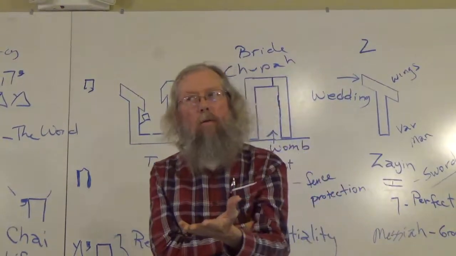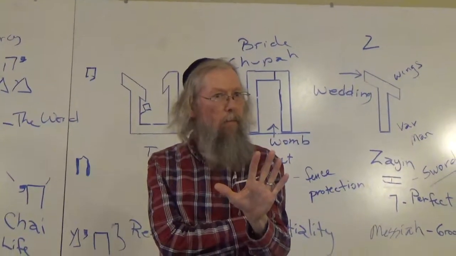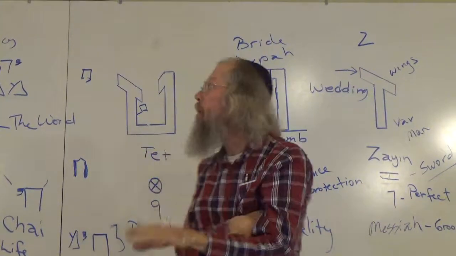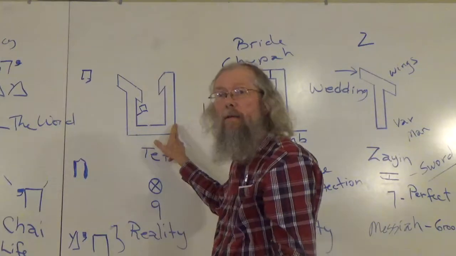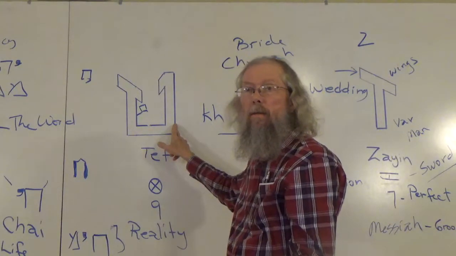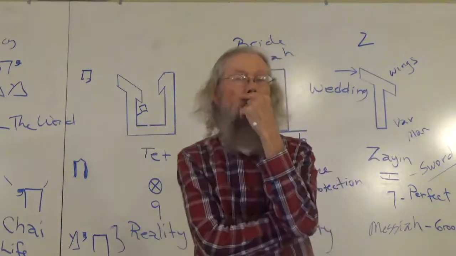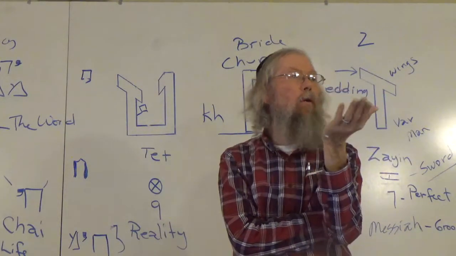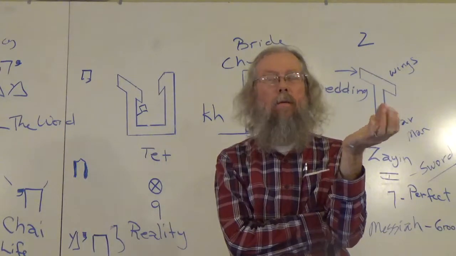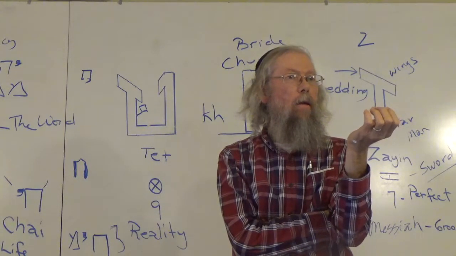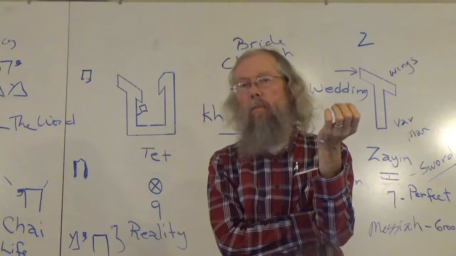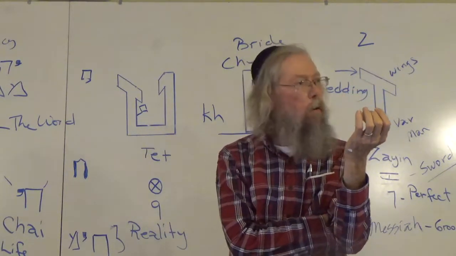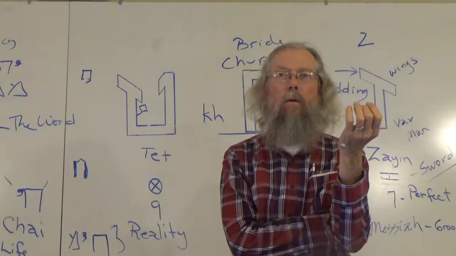Why is this important? We're going to stop here. I want you to think about this week, because we're going to take up here, because this takes us into Tet. This is why we told you at the very first class that in Judaism, learning for the simple act of learning is a worthless pursuit, according to the rabbis.